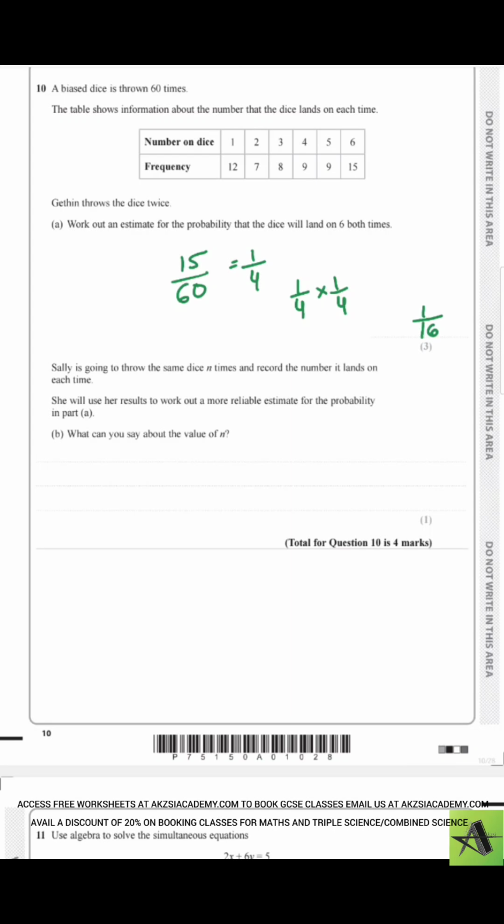We don't know what n is here, but we know that she's going to roll it n number of times and record the number it lands on each time. If she needs a more reliable value, obviously she has to roll it more number of times. That means n should be, or must be, greater than 60.